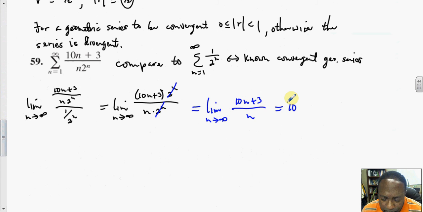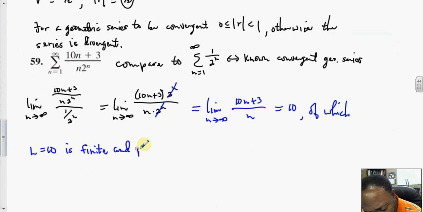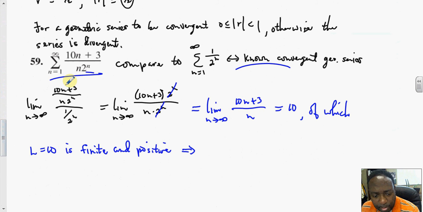The conclusion for the limit comparison test is that you want the limit to be finite and positive, which it is. Of which L equals 10 is finite and positive. This implies that whatever happens to the known series also happens to the series in question.